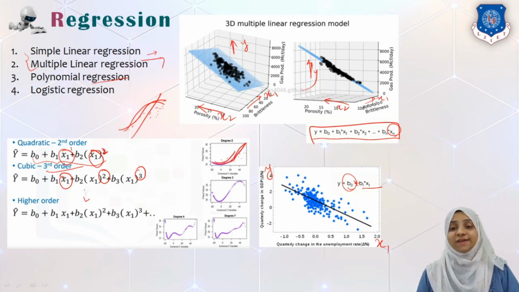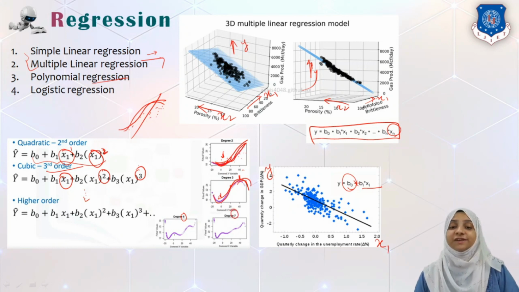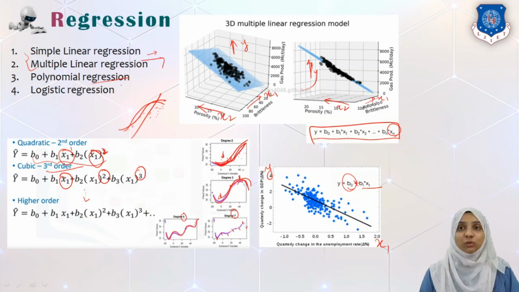You can see the change in the waveforms or the representation of data. Say this is degree 6 and this is degree 7. For degree 6 there are six peaks, and for degree 7 there are first, second, third, fourth, fifth, sixth and seventh peaks. So this is how our polynomial regression works.